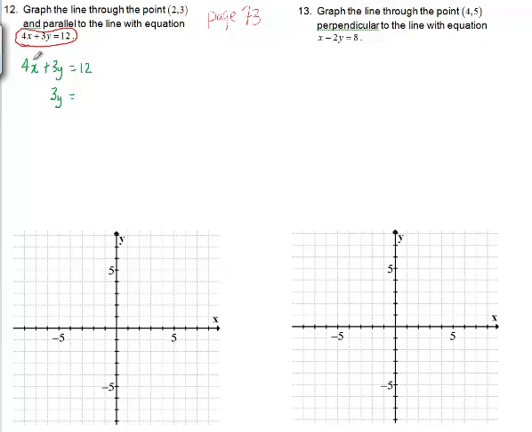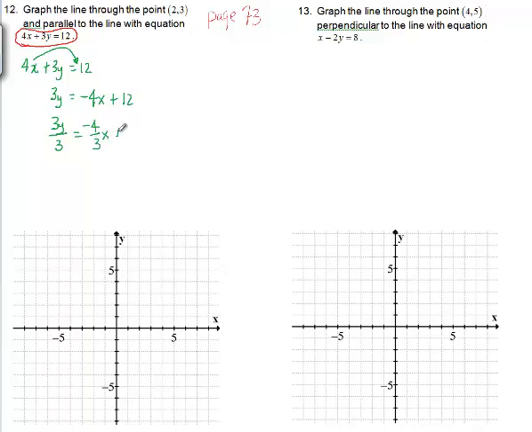As you can see here, I'm moving 4x over to this side, or subtracting 4x from both sides. So obviously that's going to change to negative 4x plus 12. Move the 12 over and put the negative 4x in front. Then we divide everything, of course, by the coefficient of y, which is 3 in this case.